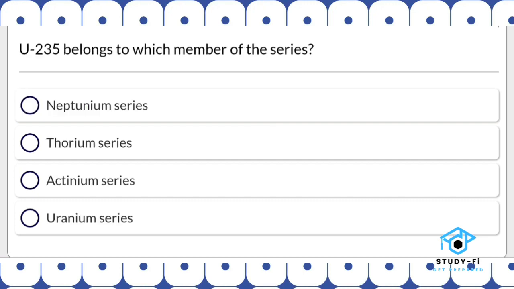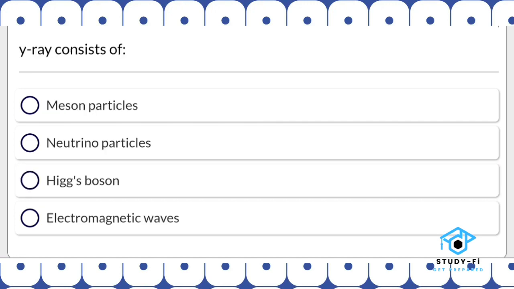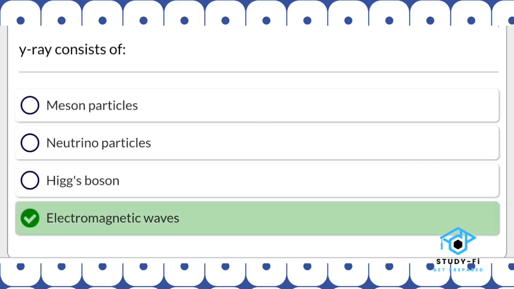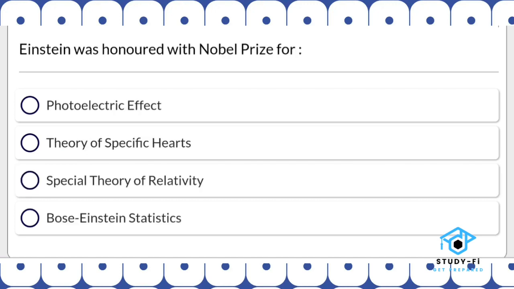Uranium-235 belongs to which member of series? Actinium series. Gamma ray consists of electromagnetic waves. The first nuclear explosion in 1974 in India was conducted at Pokhran.